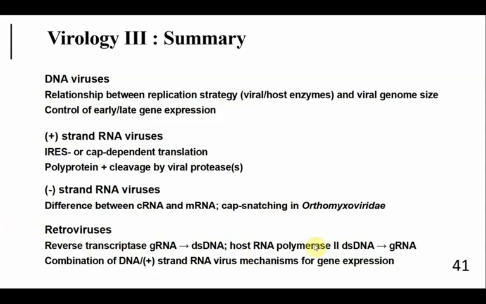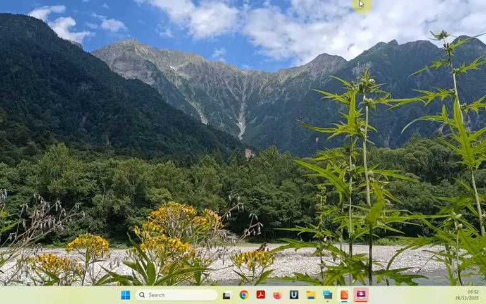Retroviruses, the main kind of cycle between RNA, double-stranded DNA, and RNA again. And the combination of mechanisms for expression of different genes, there was a kind of mix of what we saw in plus-strand RNA viruses and double-stranded DNA viruses.